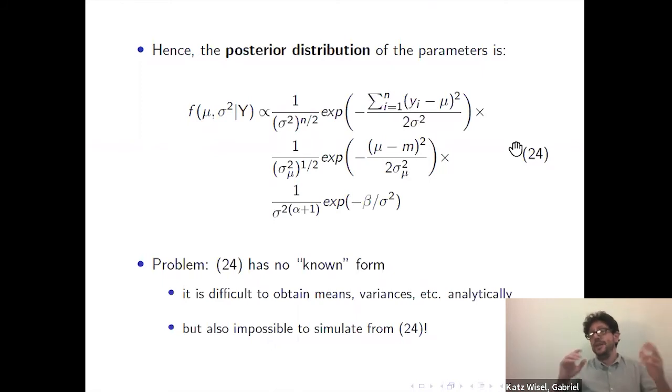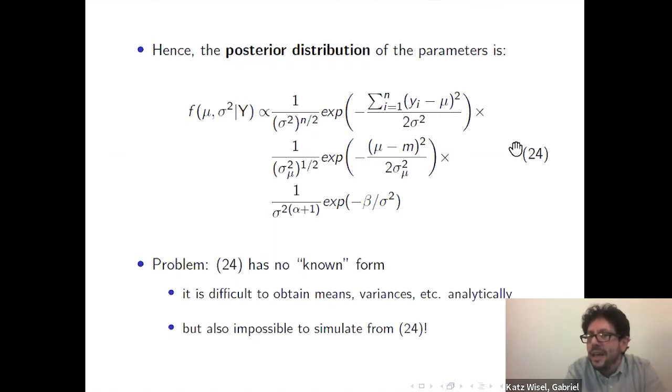The problem there is that equation 24 is not something I can recognize, right? It's an equation that doesn't have a clear-cut, closed-form solution. In other words, I cannot analytically solve this equation. It's also impossible to simulate from it.